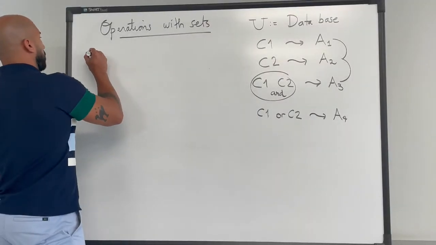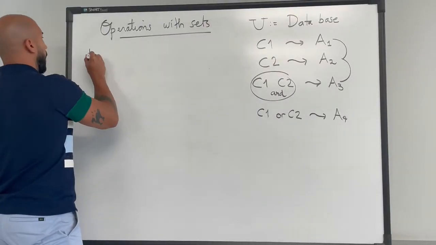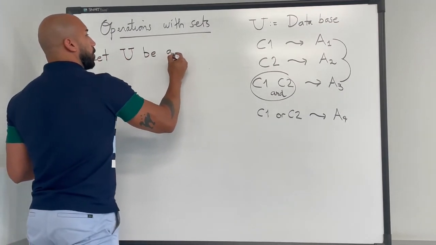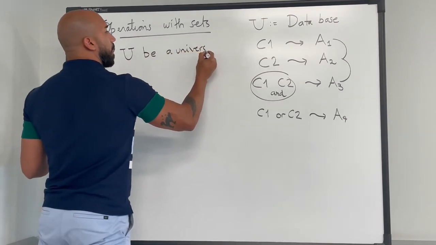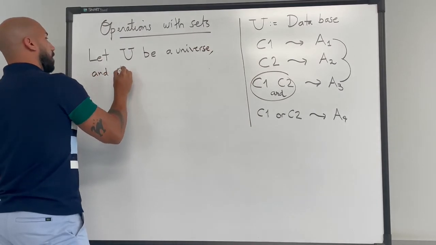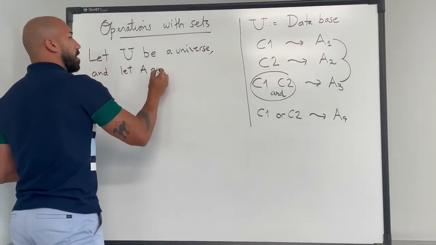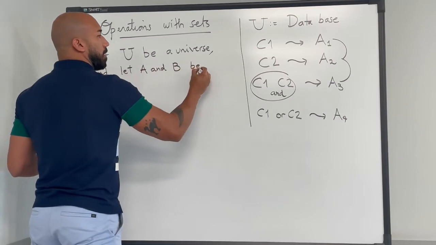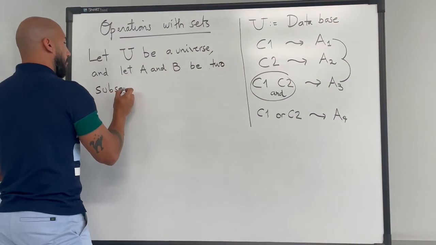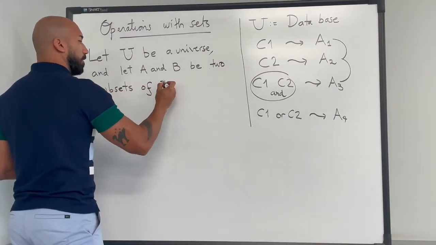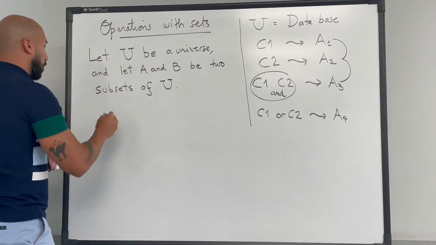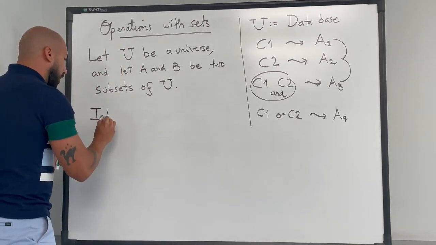So let's suppose that U is a universe and let A and B be two subsets of U. Okay? The first operation that we are going to introduce is going to be the intersection.